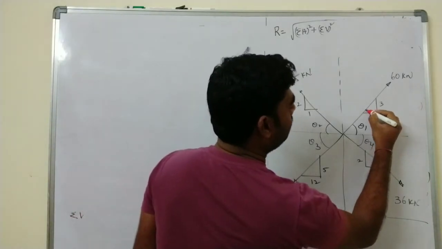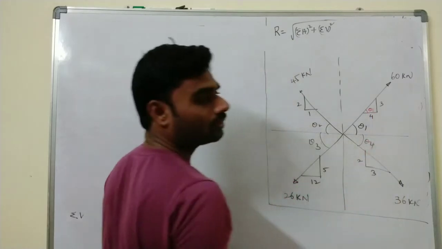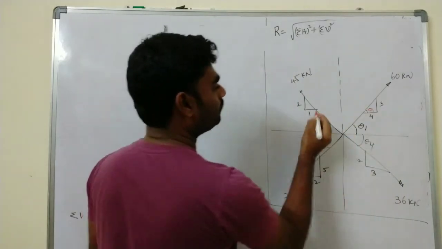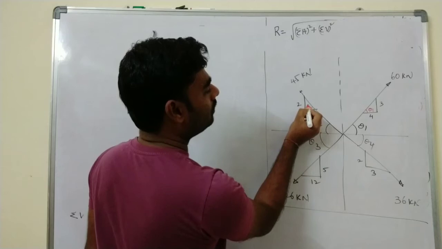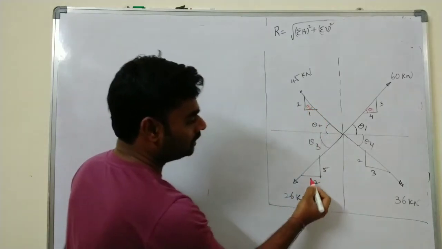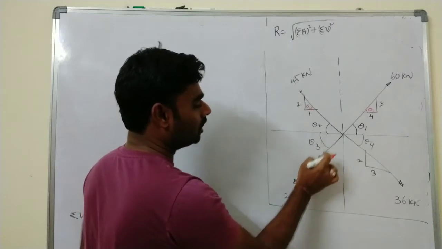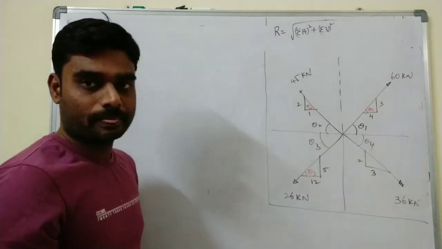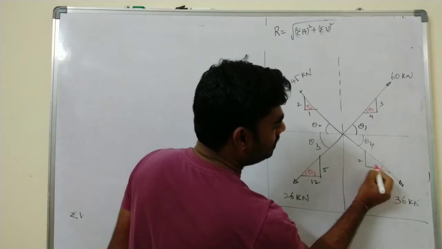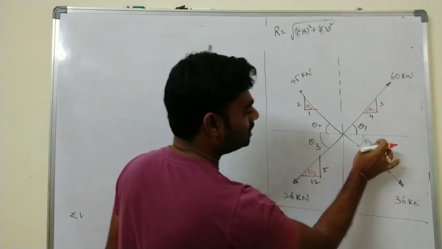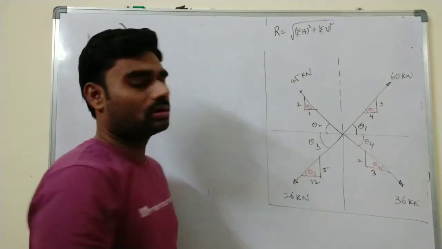Now I am taking this as theta 1, and both angles are the same. Then this one is theta 2. The next is theta 3, and opposite angles are the same. Now I am considering this as theta 4, and in this case also opposite angles are the same.